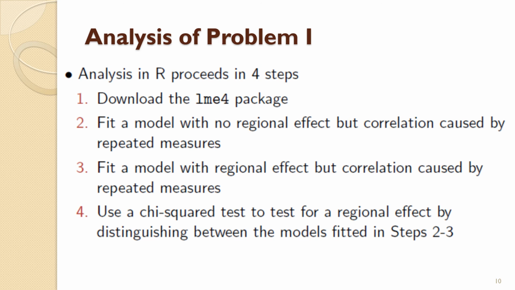If the more complicated model in step 3 is significantly better than the simple model in step 2, then you've got definite evidence of a regional effect. However, if the more complicated model in step 3 isn't statistically significant in relation to the model in step 2, then there is in contrast no evidence of a regional effect.